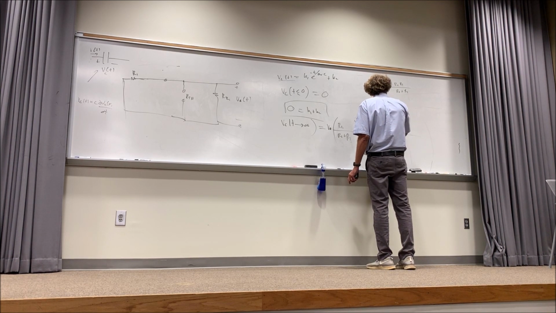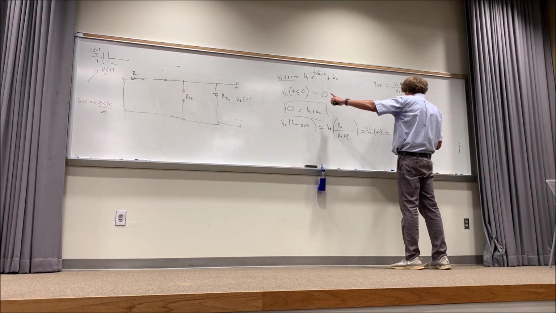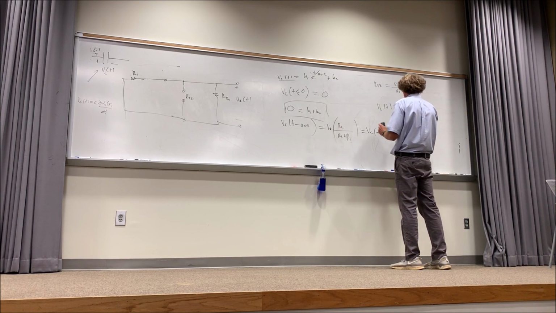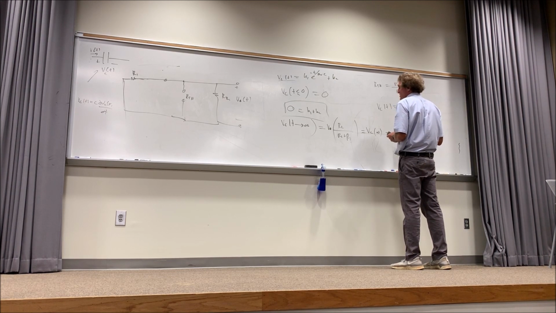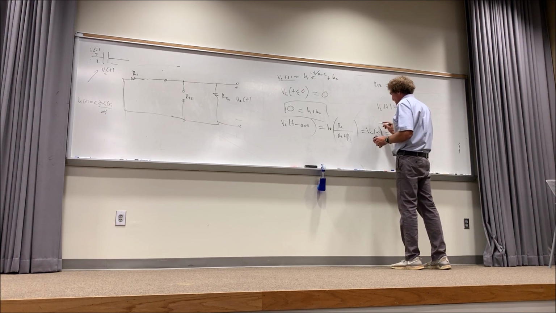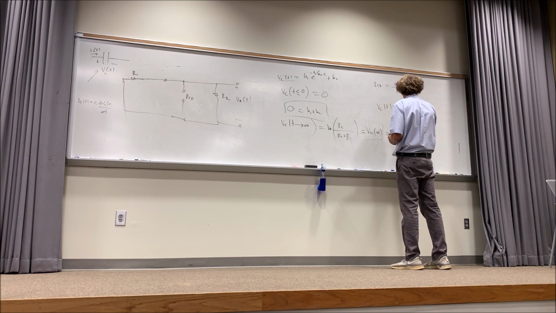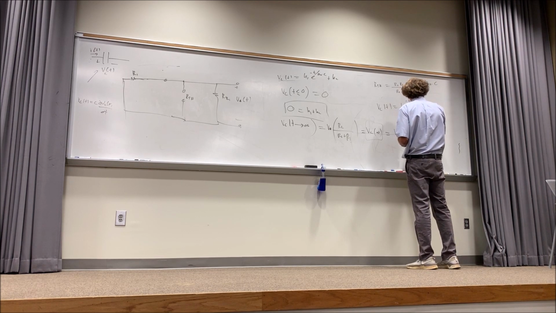Then you can write the general equation. VC of t is equal to K1, which is minus K2, which is minus V naught times quantity R2 over R1 plus R2. Well, actually, let me do it this way. It's equal to K1, I'm just going to use this V infinity here, K1 e to the minus t over tau, where tau is equal to R Thevenin times C, plus K2.